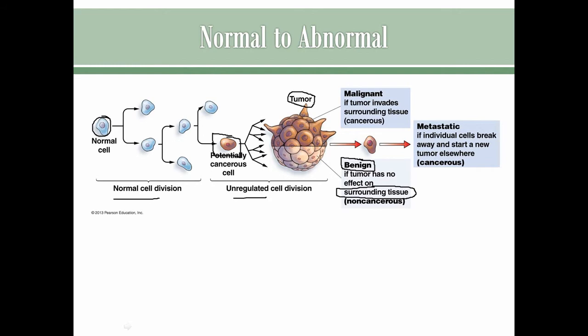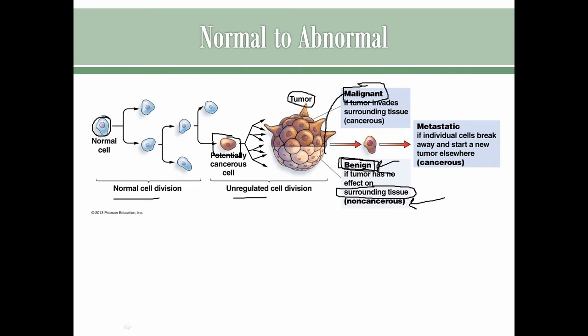A cyst is a tumor that is not hurting the ovary, not actually impeding the function of the ovary. So it is a benign tumor, and a lot of times people call these non-cancerous tumors. They are usually removed and they're fine. Some benign tumors, not all, can actually turn into malignant tumors.